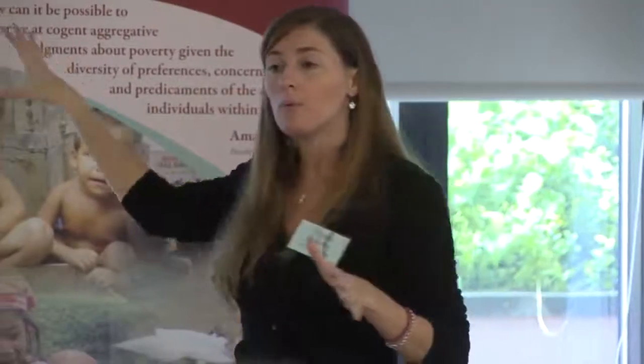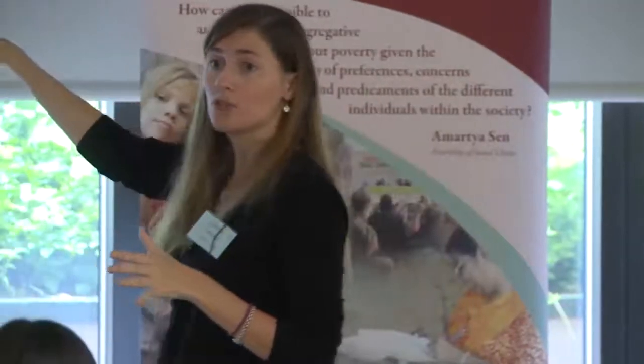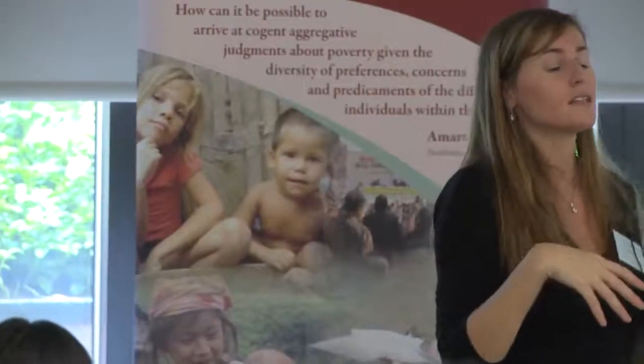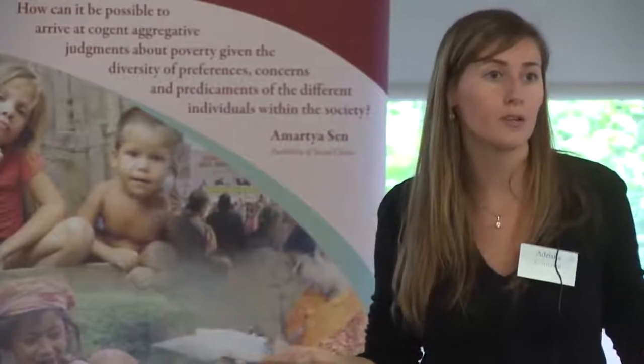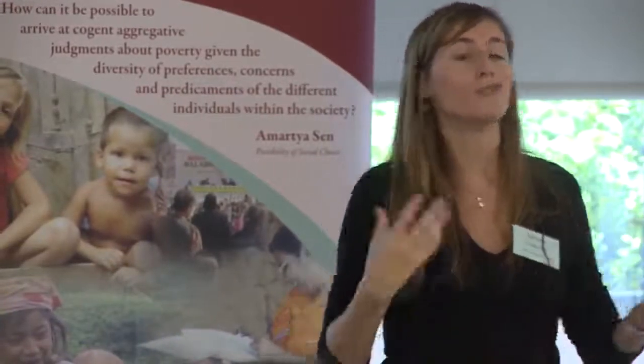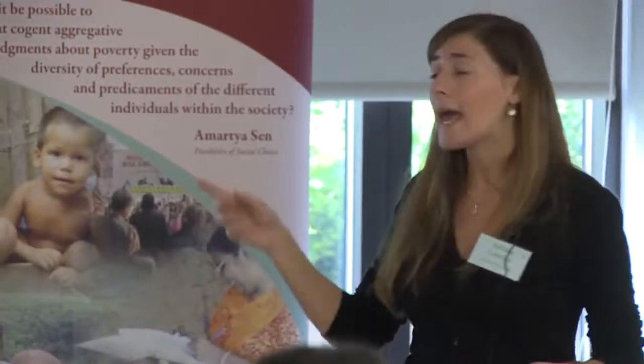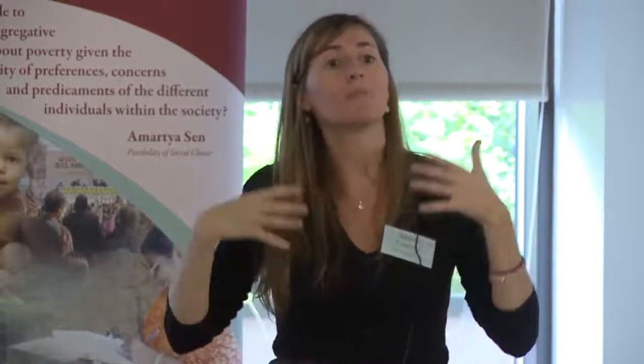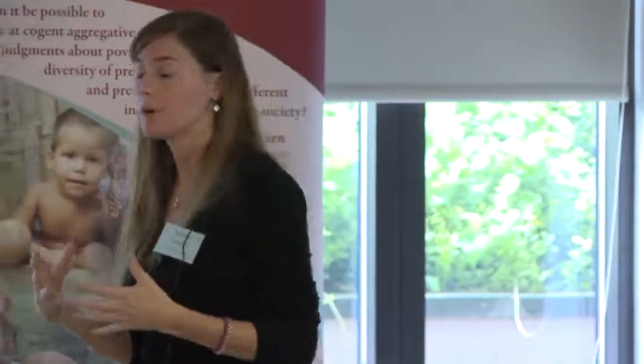Some of them, like Puba in our example, were deprived in 67%. Somebody else might be deprived in 100% of the indicators, somebody else in 40%. A is just the average of those proportions. It's the average number of deprivations among the poor.